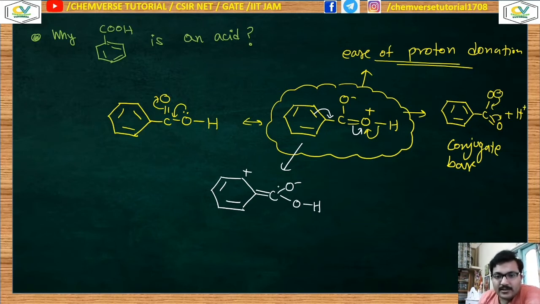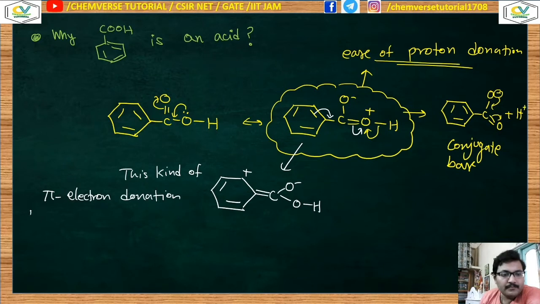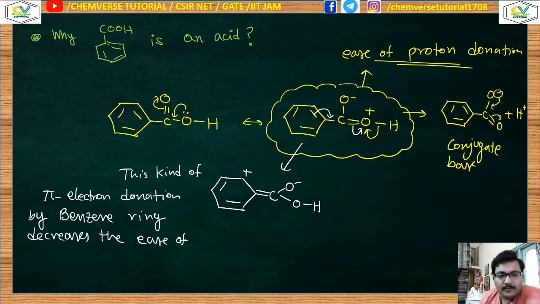So this kind of pi electron donation by the benzene ring decreases the ease of proton donation.